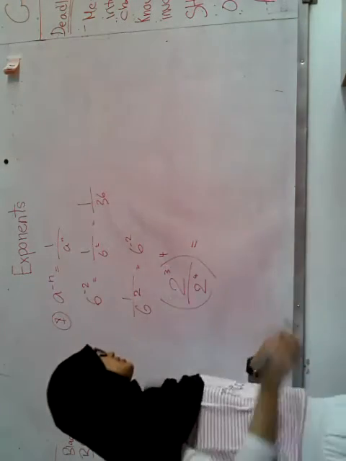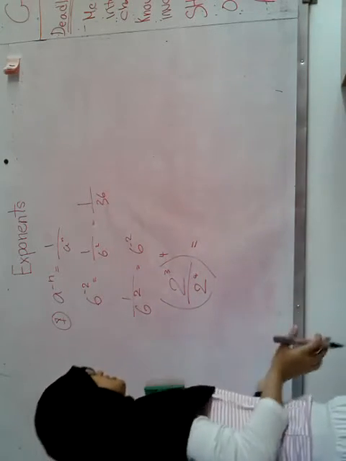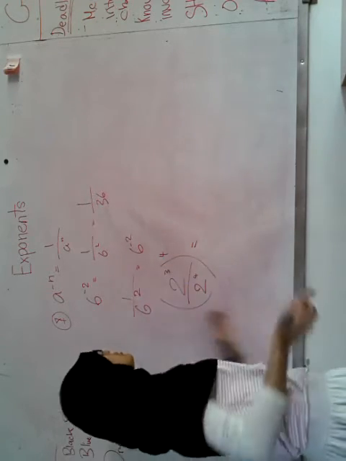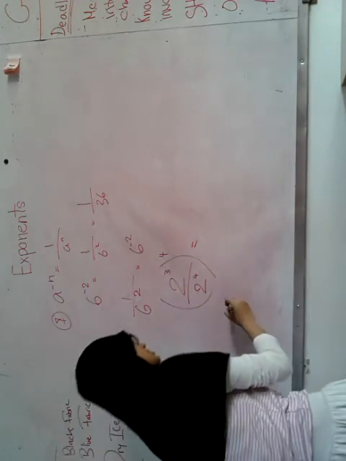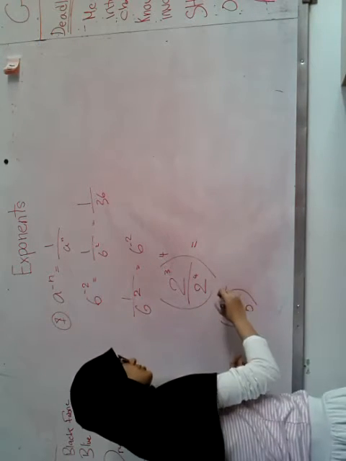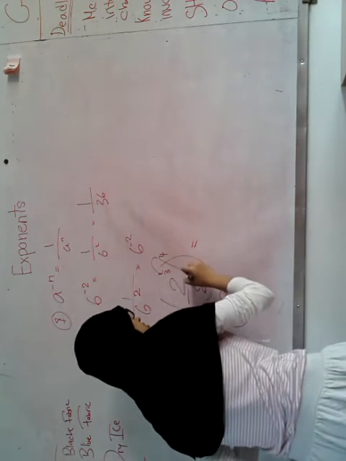In this case, you will need to do a step-by-step calculation. You'll need to start from the outside one using one of the laws, which is A to the power of B to the power of M, which is you distribute M to both of them. So in this case, you distribute 4 there and there.